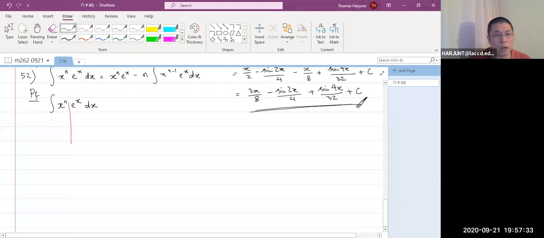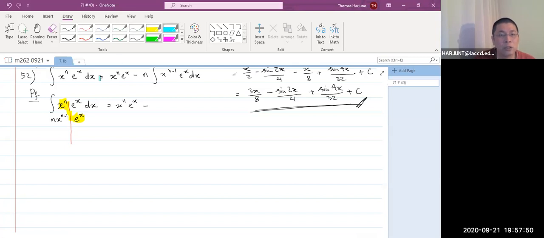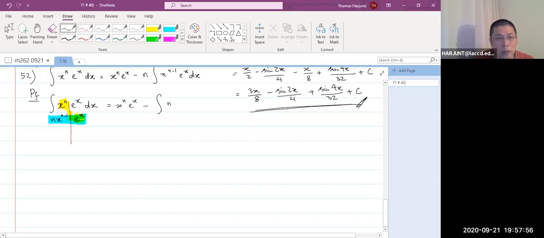This part here, I do the derivative. This part here, I do the integral. So this is equal to x to the n e to the x minus, because I do this horizontally, the integral of n x to the n minus 1 e to the x dx, which is basically what we need.